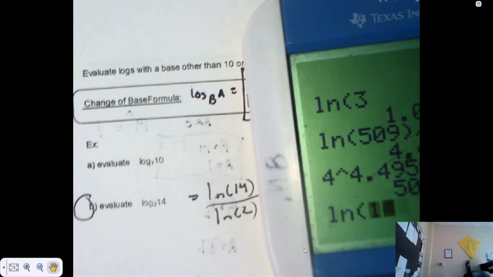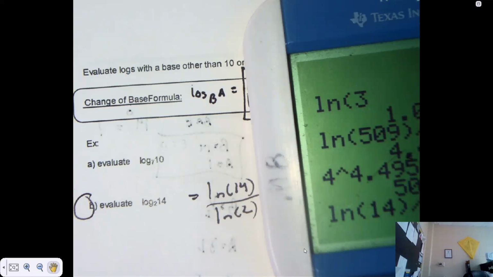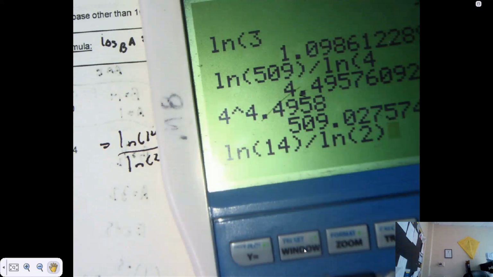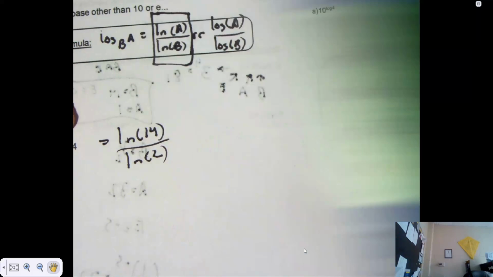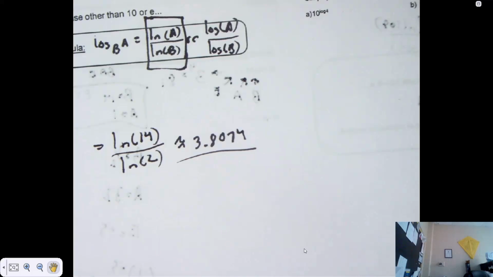So ln 14 sitting over ln 2, and you should be playing along. That's how it works. You know this by now. 3.8074. Tradition is 4 decimal places. You know, you don't learn how to build a birdhouse by never using a saw, kids.